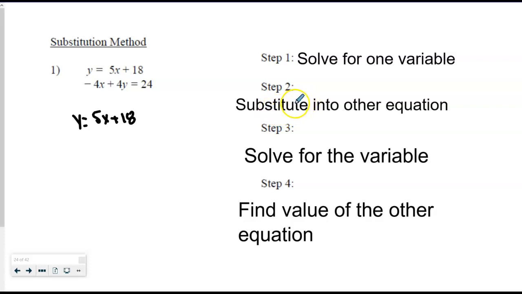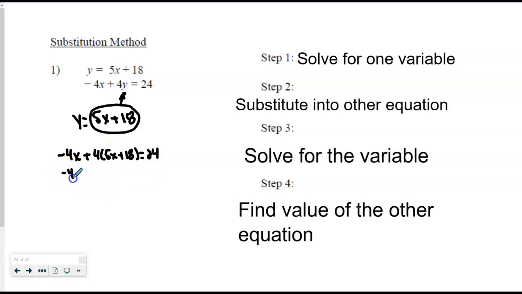Now we're going to substitute what we know y equals into the other equation. So we see a y right here, and we're going to take 5x plus 18 and replace that. So we got negative 4x plus 4 times 5x plus 18 equals 24.